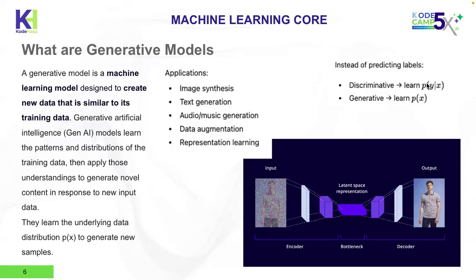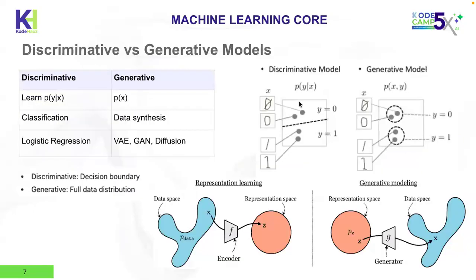So that's generative models. Discriminative models are the ones that learn to predict a label or a classification. So effectively, with discriminative models, you are learning a decision boundary, which is for classification. While with a generative model, you are learning the full data distribution, right?